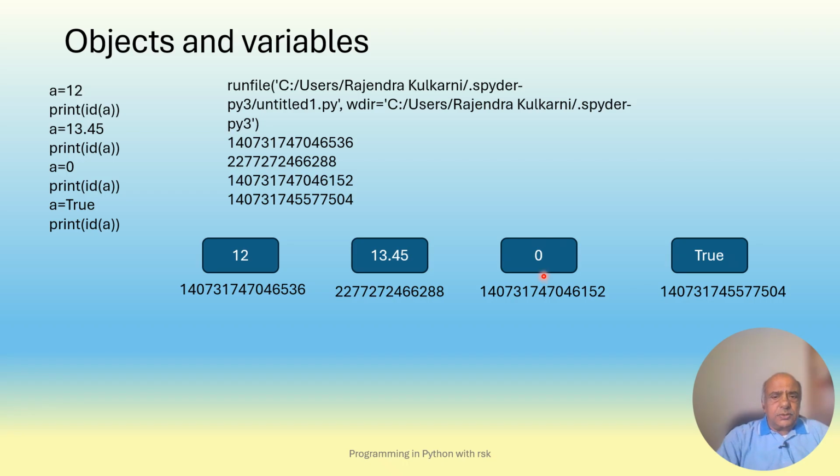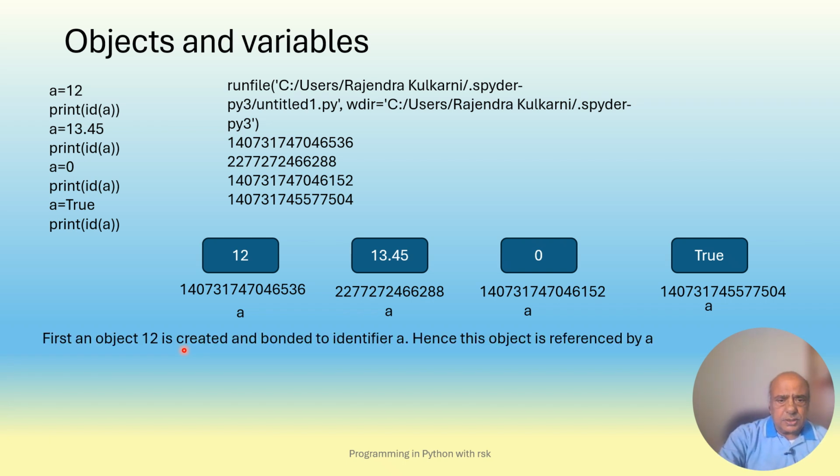When 0 is assigned to the same A, a third object is created which has this ID, and when A is equal to true, an object called true is created with this ID. So what happens? The name A is the same, but it is being bound to different IDs progressively.